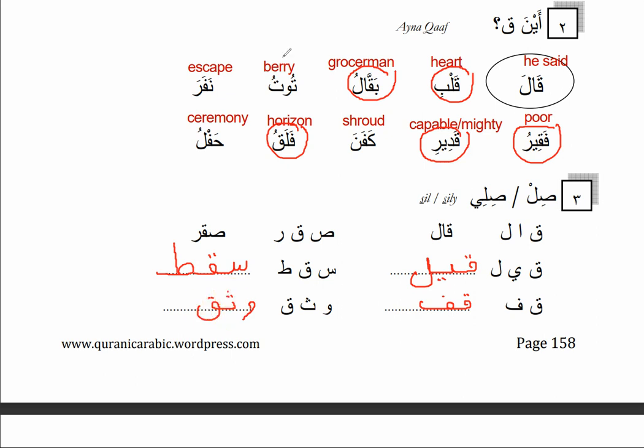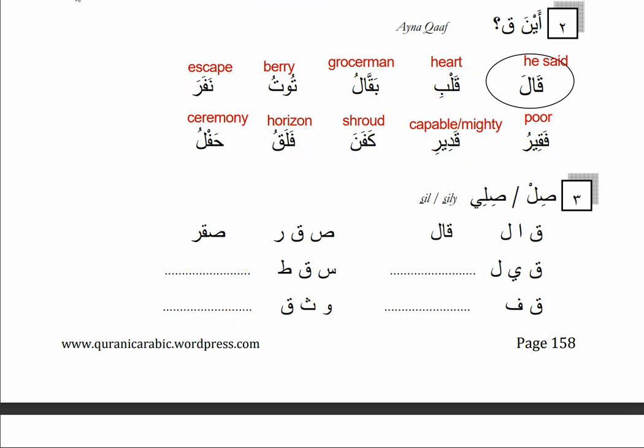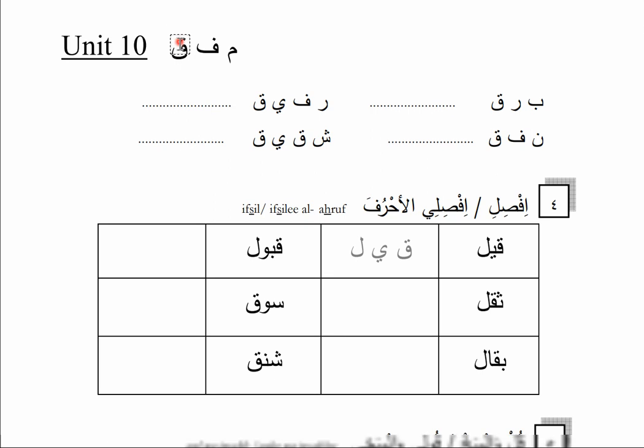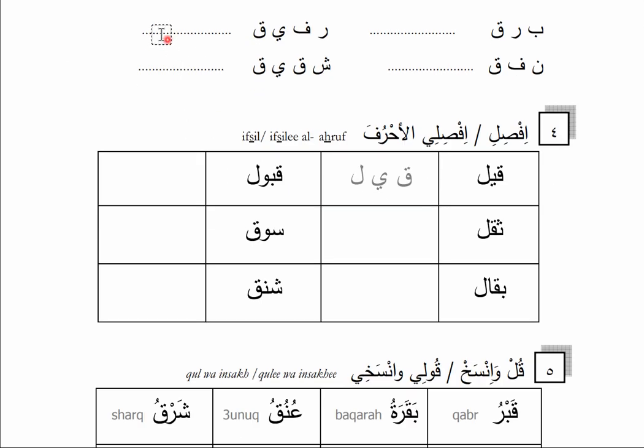So let's go and check the other connecting words. I mean the connecting and separating. So here baraq, ba and ra. Bar. You cannot shake the sound. Bar, qun. Then noon, fa and qaf.